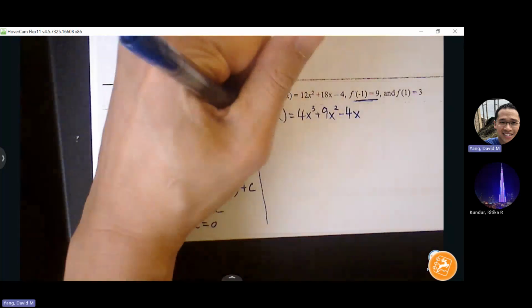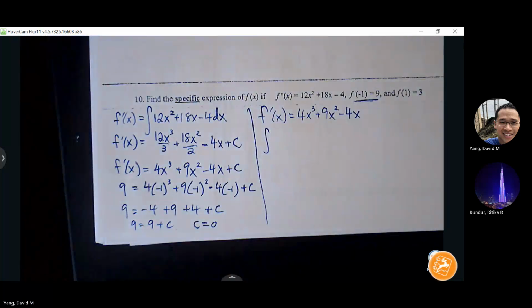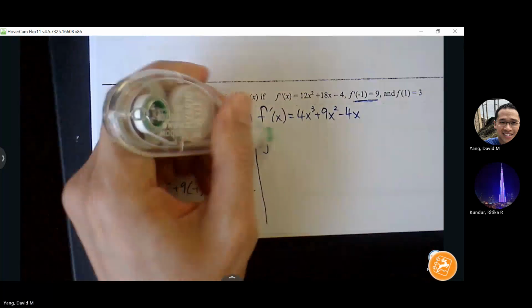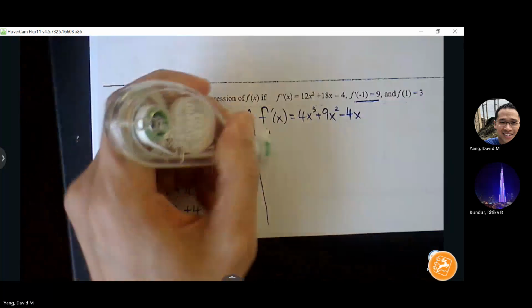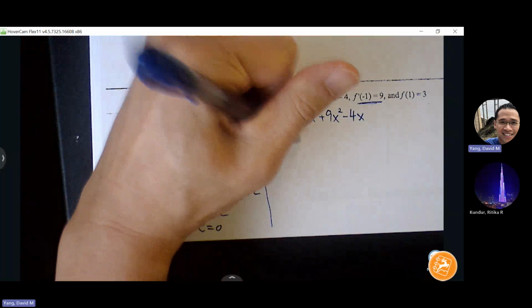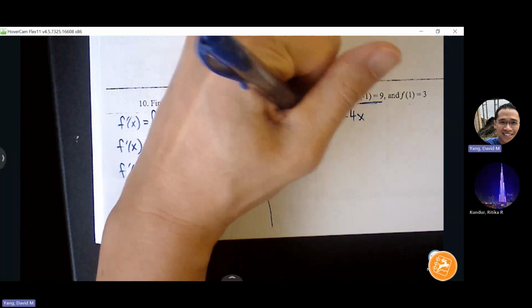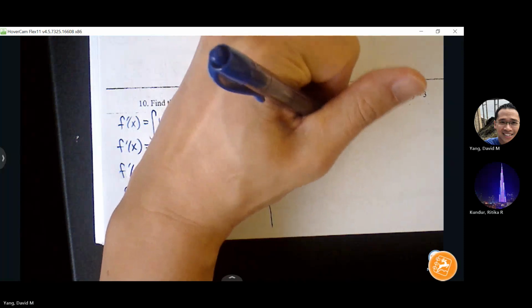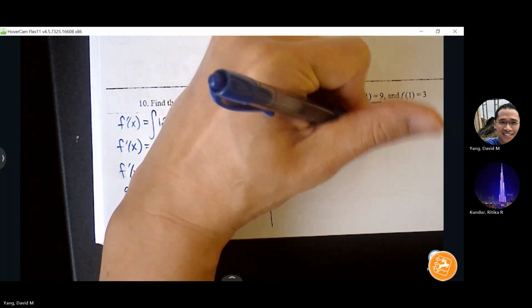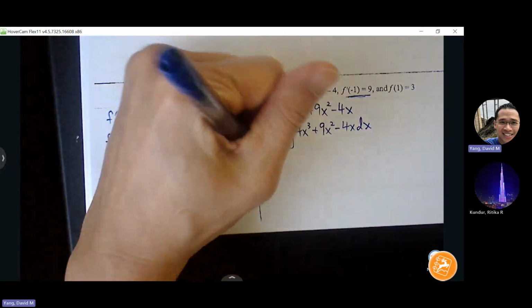Okay, so we're halfway there. Antiderivative of f prime. So if I want to get to the f of x level, I'll take the antiderivative of my expression. Okay, power rule again.